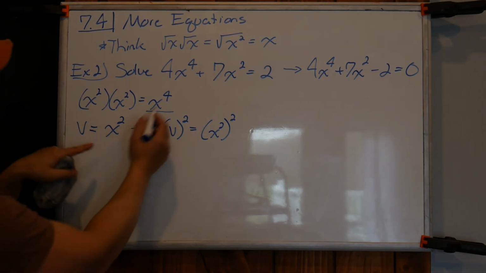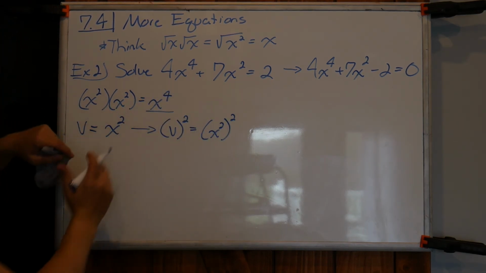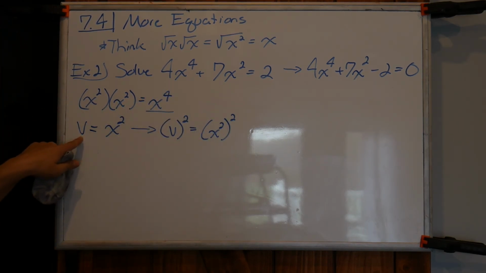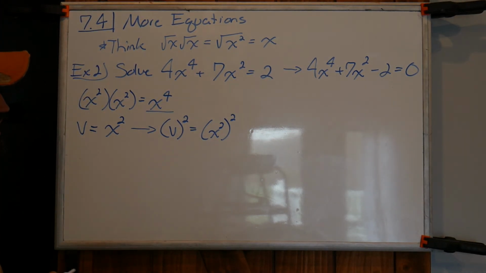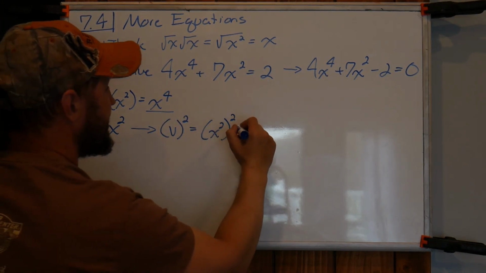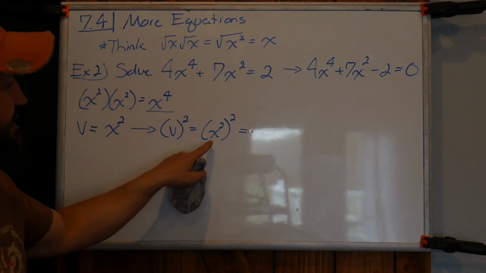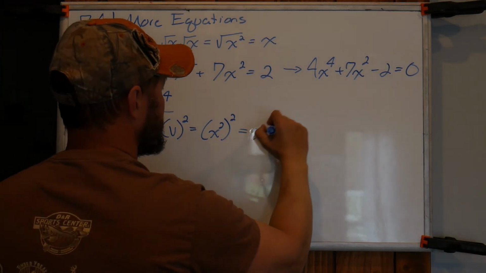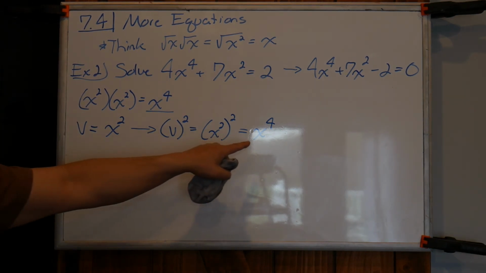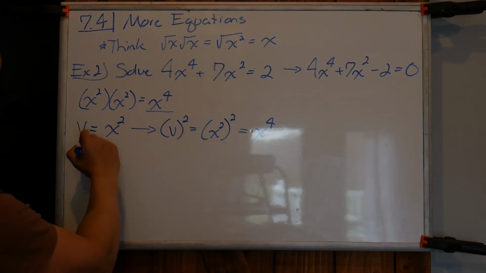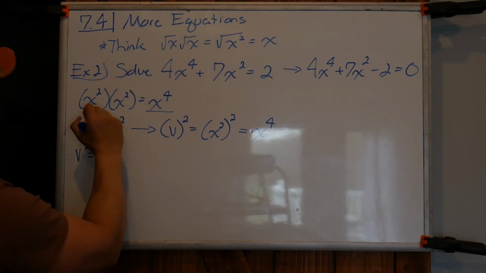Here's the key concept, which is why I was going to put it up here, but I think it makes more sense down here. I made a new variable. V equals x squared. If I square v, what I'm essentially doing is squaring x squared, which gives me x to the fourth. So v squared is x to the fourth.